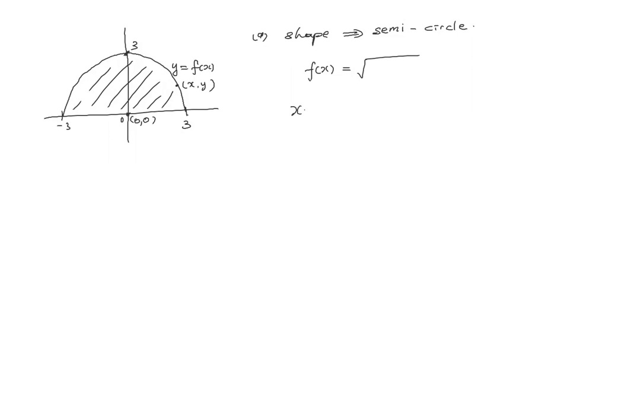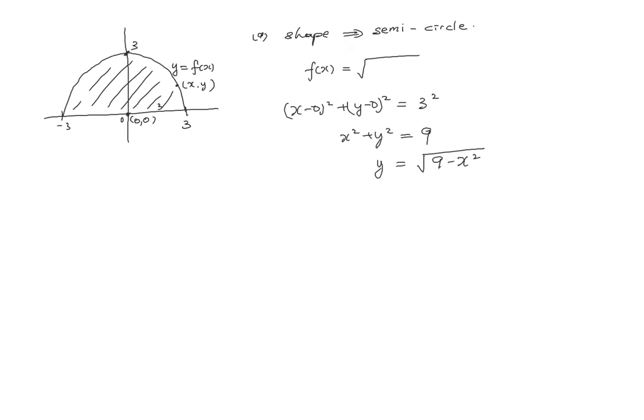The radius is 3, correct? So (x minus 0) squared plus (y minus 0) squared is equal to 3 squared, correct? Yes, so x squared plus y squared is equal to 9. So my y will be equal to square root of 9 minus x squared.